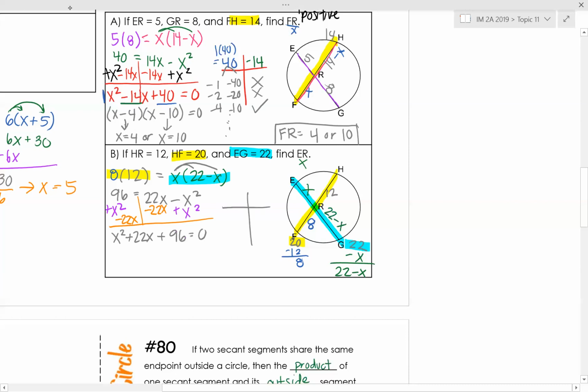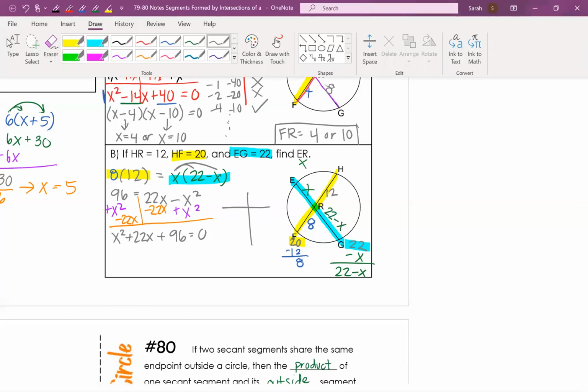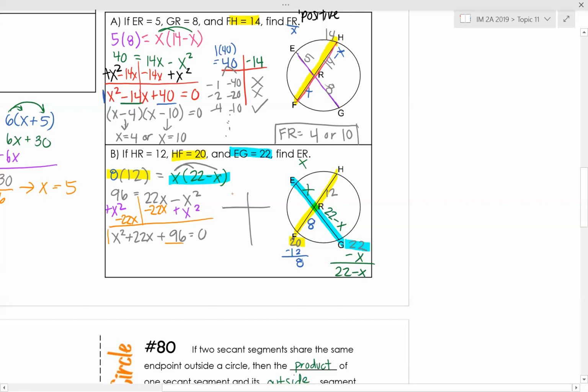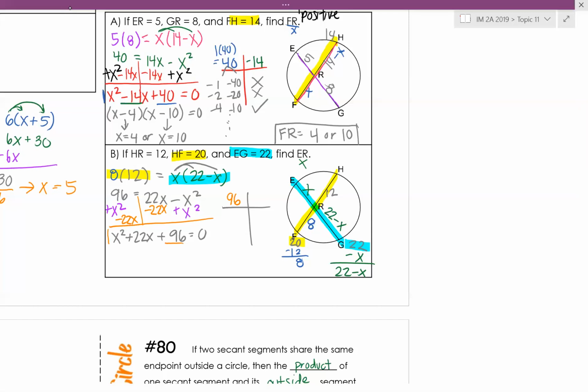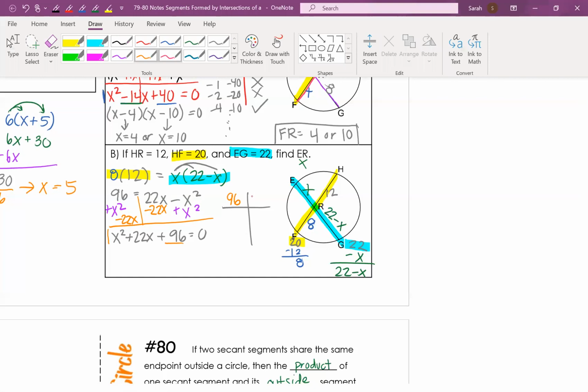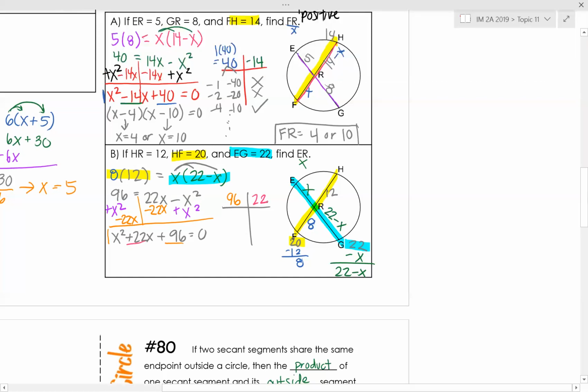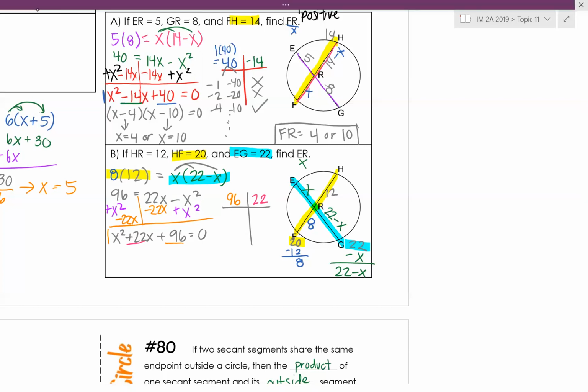So when we find our product sum, we're taking a times c, so 96, and we need two numbers that multiply to 96 and add to 22. Since both of these are positive, that means that positive numbers will work. So remember that when we're factoring, we're thinking about all the factors.